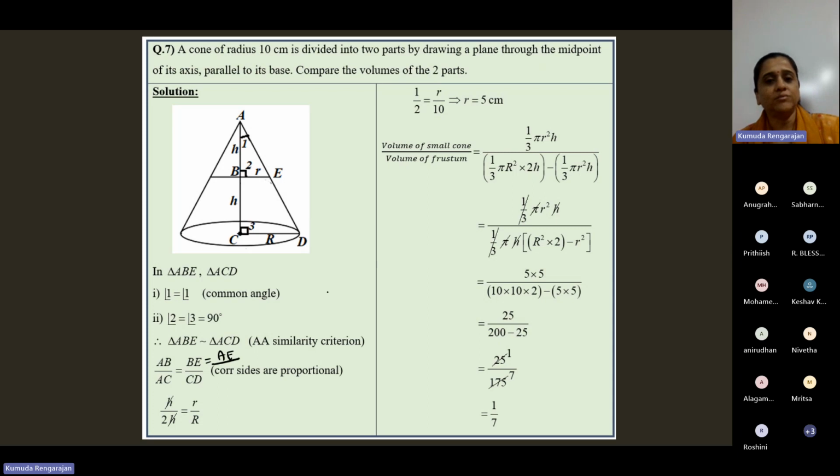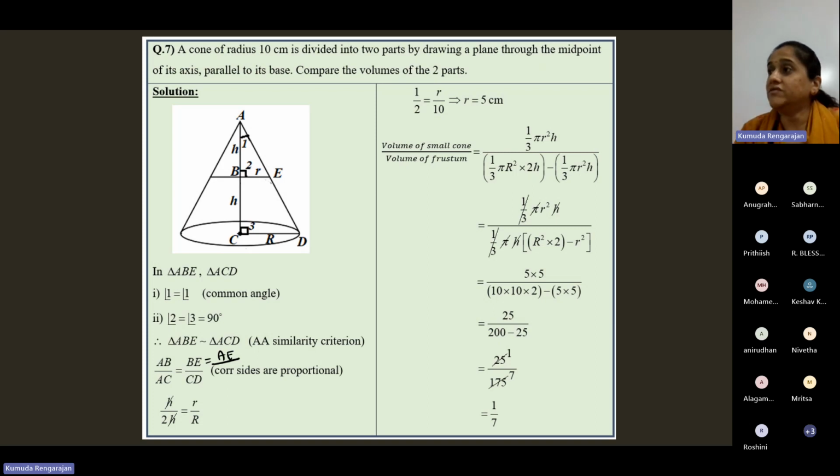Because AE and AD are parts of the slant heights. But we have to compare the volumes of the two parts. For the volume formula, you don't get slant height. Only for area do you get slant height, right? When we talk about cones, when do we get L?